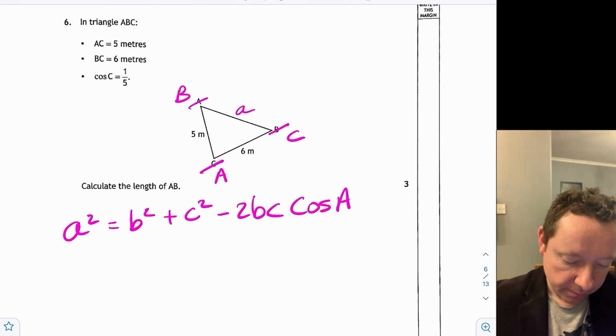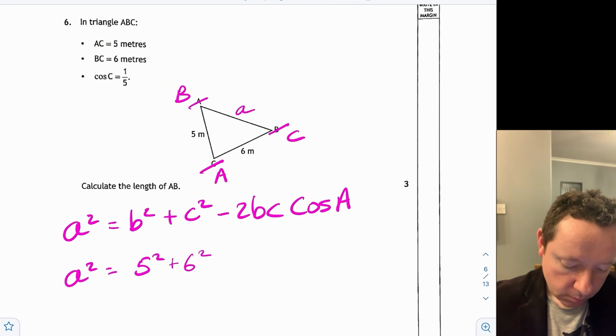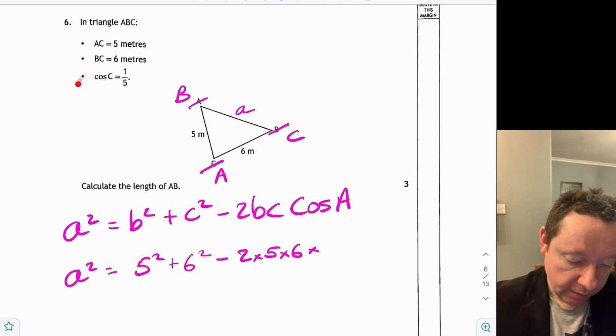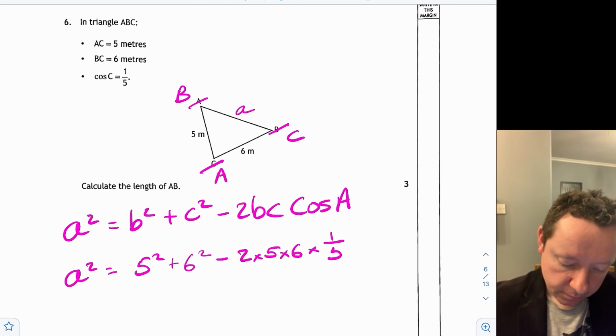So I can say that my A squared equals 5 squared plus 6 squared minus 2 times 5 times 6 times the cos of A, which is cos of C, because that was originally C, remember, so that's a fifth. And now we can start working on that.